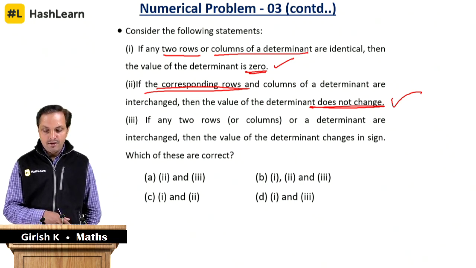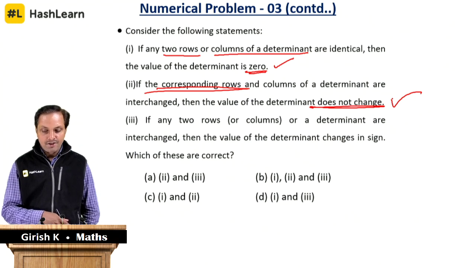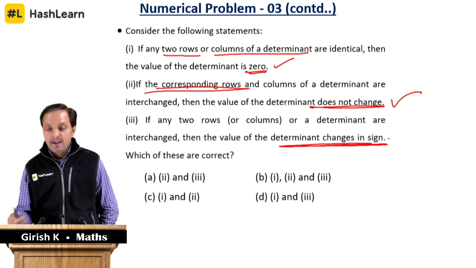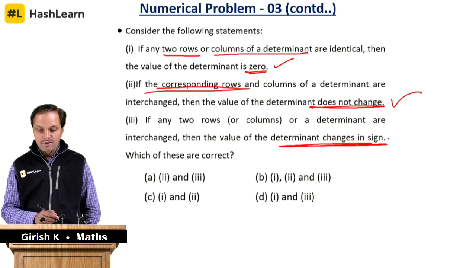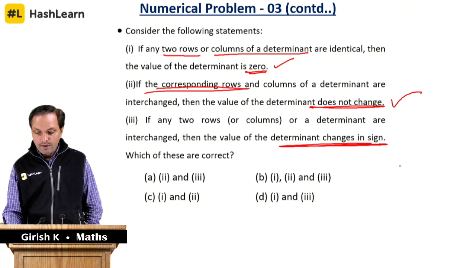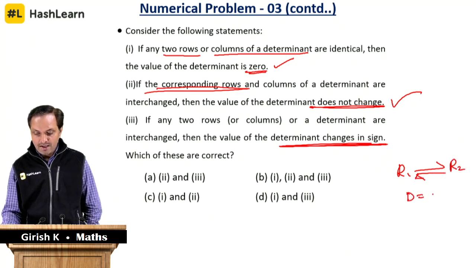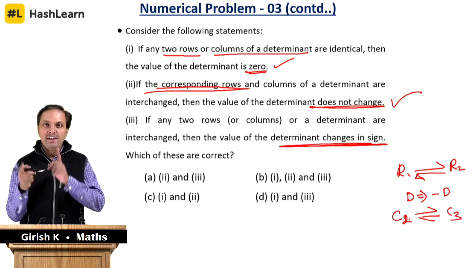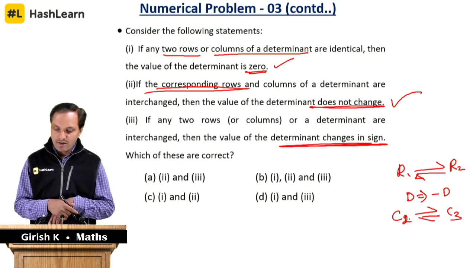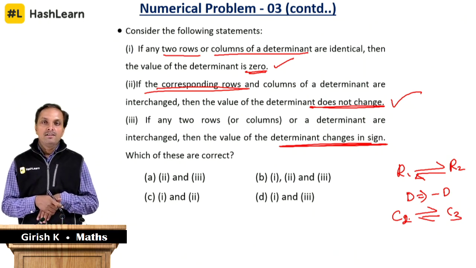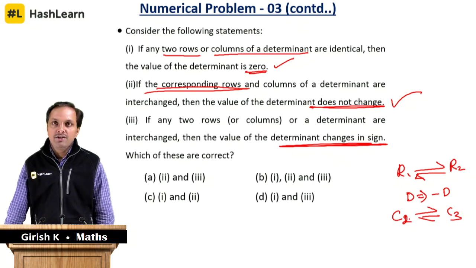If any two rows or columns of a determinant are interchanged, then the value of the determinant changes its sign. Yes, that is also a property which you have learnt. If you interchange R1 with R2, and the value of the determinant is D, then it changes to minus D. Again, C2 is changed to C3. If you interchange any two rows or any two columns, the value of the determinant will change its sign.